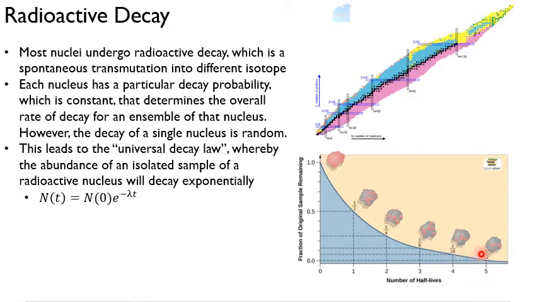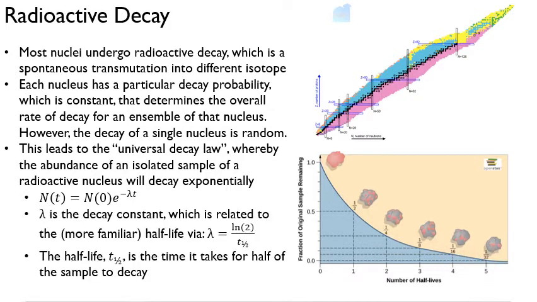That just continues to decay there. The decay constant lambda is related to the half-life, which is a little bit easier to grasp, right? We just defined what the half-life was. The decay constant is the natural log of 2 divided by the half-life. And again, the half-life is just the time that it takes for half of your sample to undergo decay.